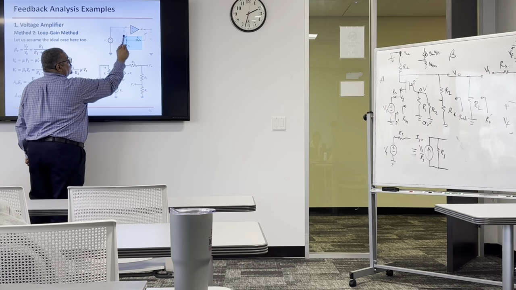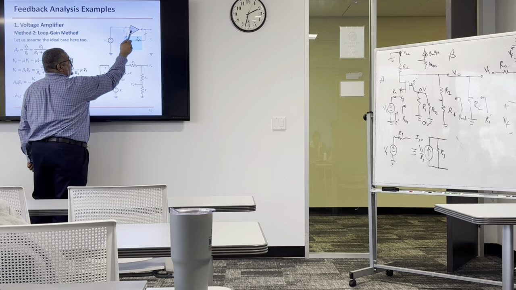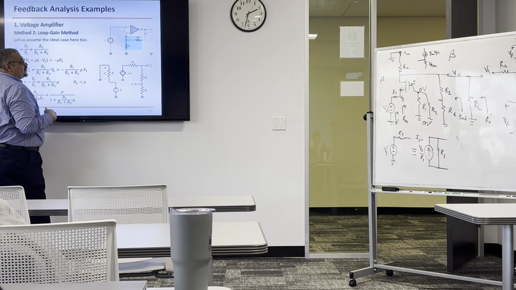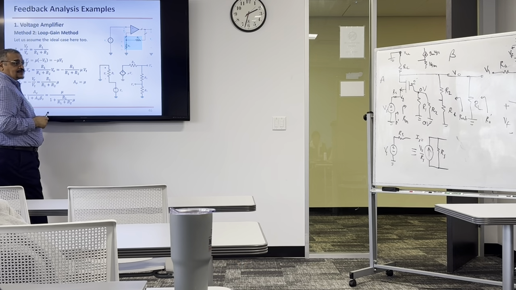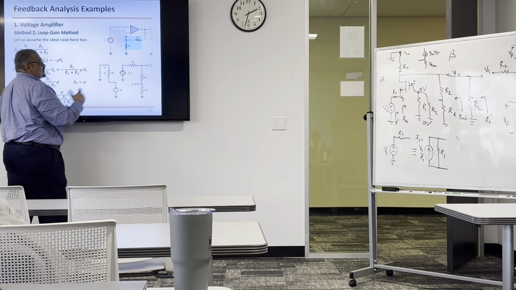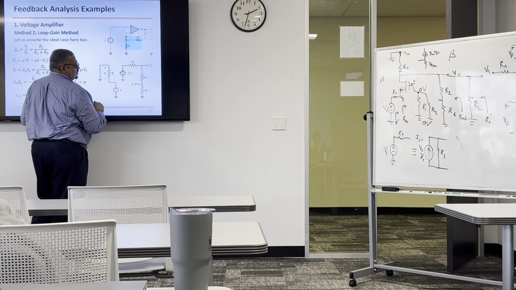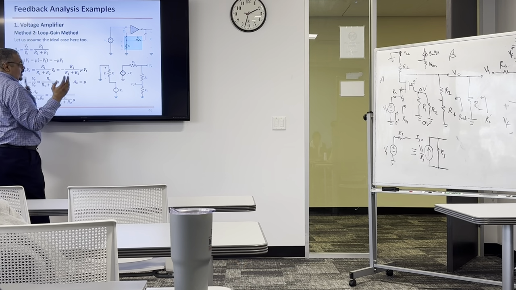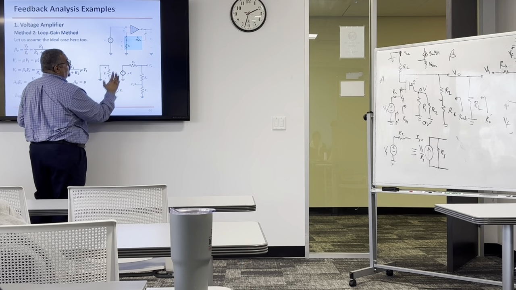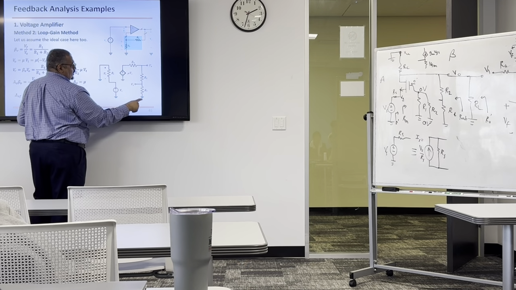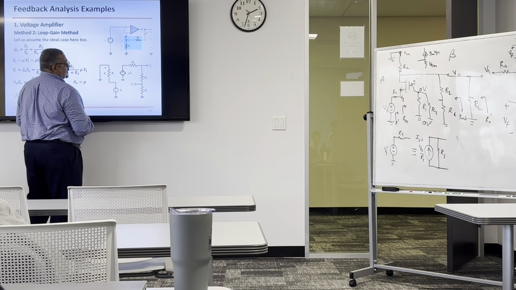Why? Because the input impedance here is very high, so we don't need to terminate with anything. But if we had to terminate, we would terminate with Rin here. But let's assume that it's very high. So I just draw R1 and R2, and then V test is going to be connected this way.